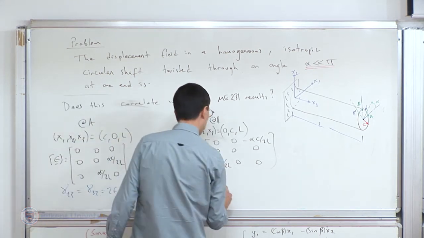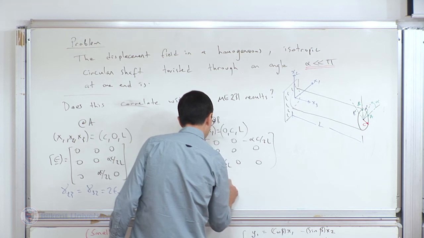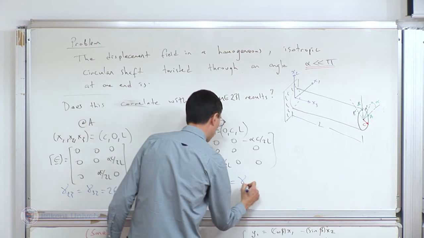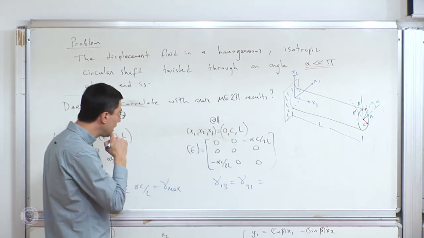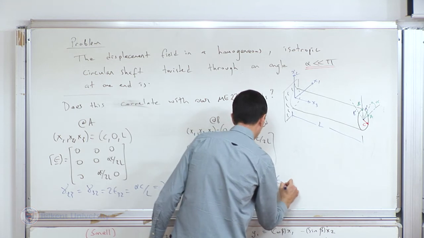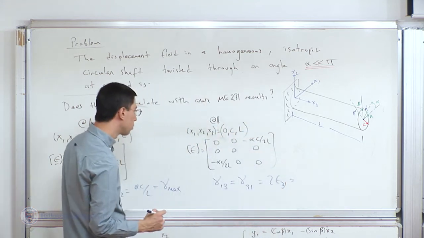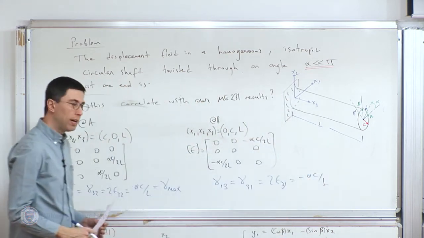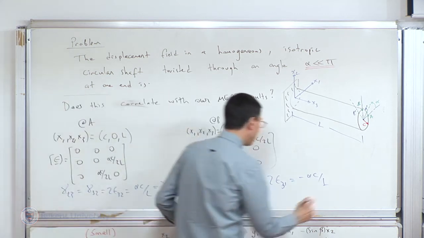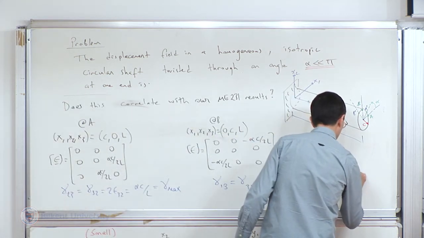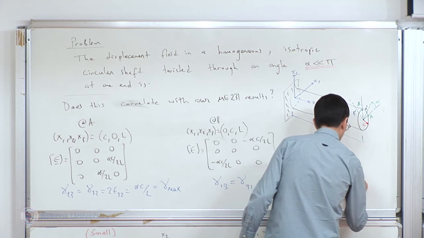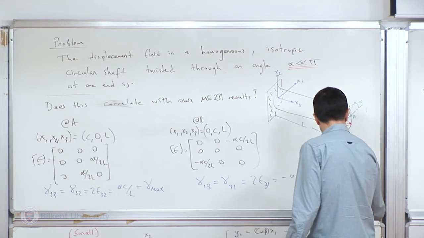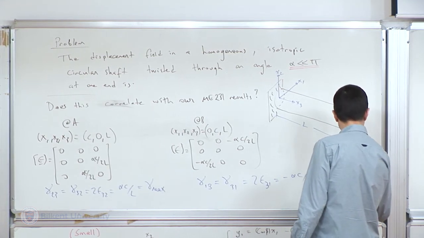Likewise, for this case, we have gamma 1,3 equal to gamma 3,1, and that is equal to twice epsilon 3,1, which is equal to minus alpha c over L. So gamma max is equal to the magnitude of that.